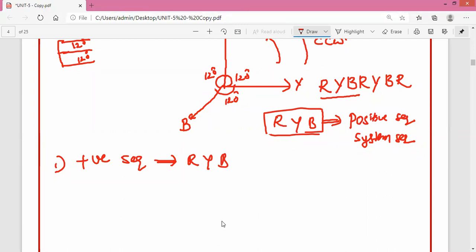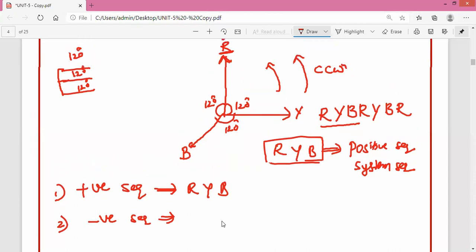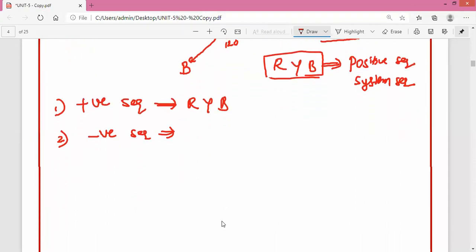Okay. So whenever there is a fault existing in the system, the components which are equal in magnitude but rotating in the opposite direction are called negative sequence components. So how can you calculate the negative sequence components?